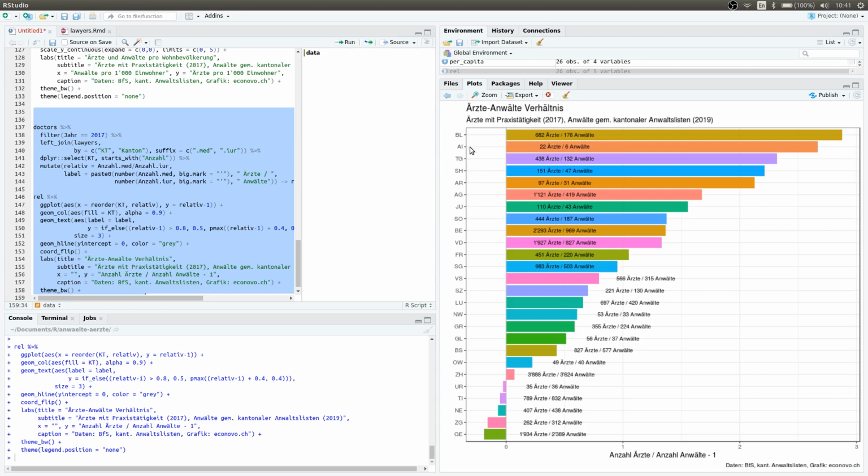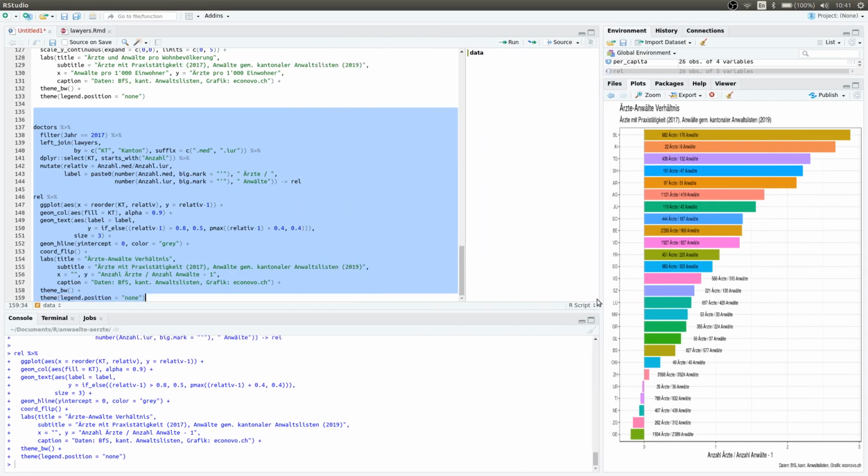Same with other cantons which are more out of the agglomeration, Appenzell, Thurgau, Schaffhausen, Aargau, which show a similar pattern as opposed to, say, Geneva or Zug, which has an overhang in lawyers.